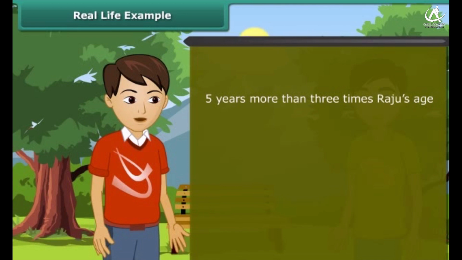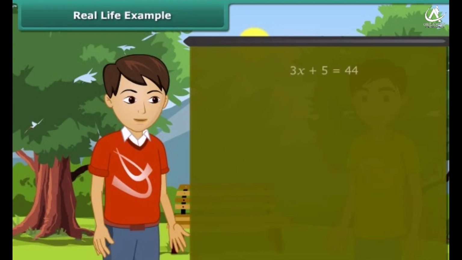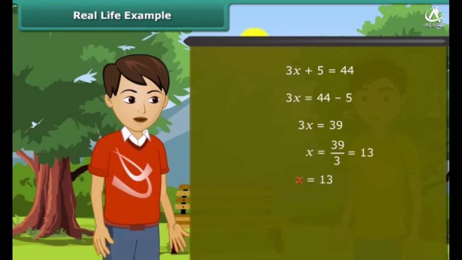Now 5 years more than 3 times Raju's age is 3x + 5, which is equal to 44. Now we will solve this equation. Transposing 5 to the right-hand side, we get 3x = 39. Transposing 3 to the right-hand side, we get x as 13. Hence, Raju's age is 13 years.